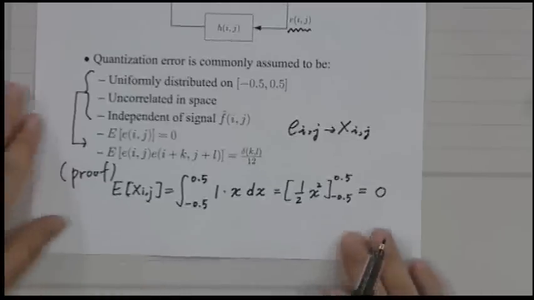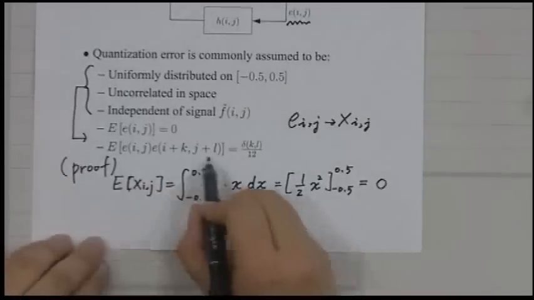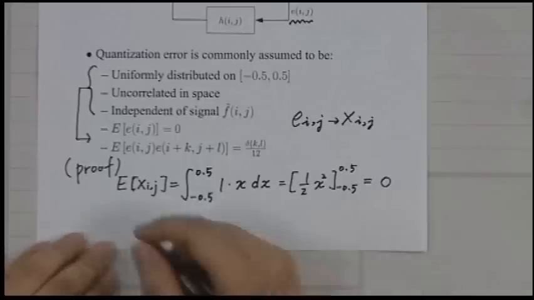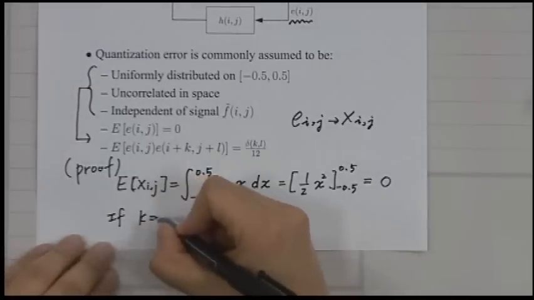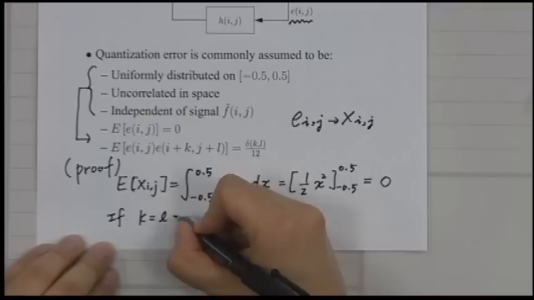Okay, how about this one? First we think about the case k equals 0 and l equals 0.